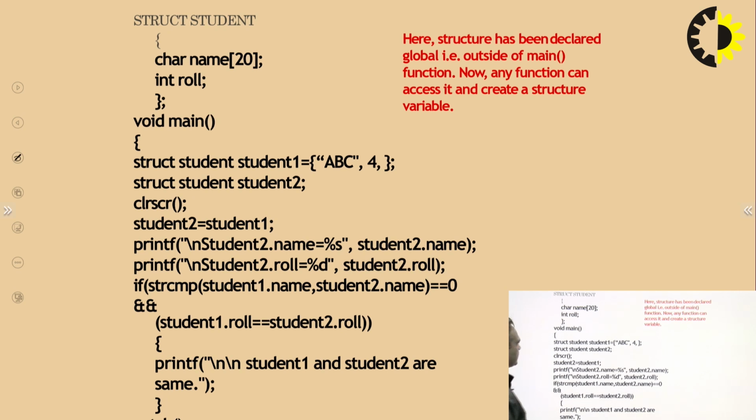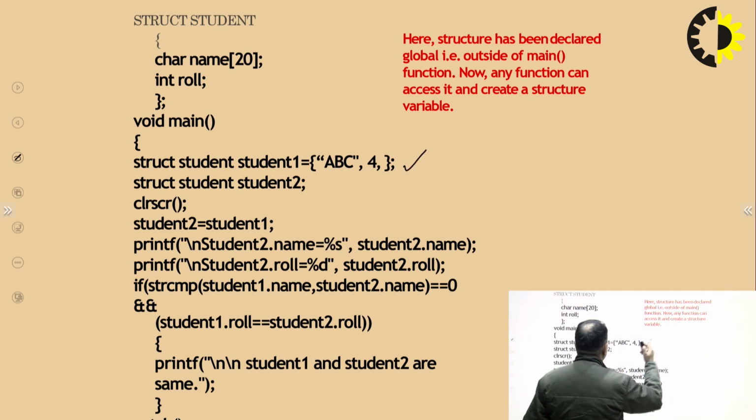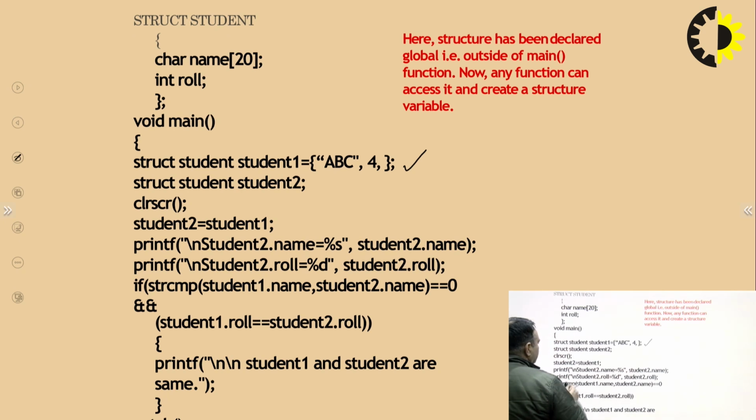Then we can copy the same information to the student 2 structure variable using the assignment operator, meaning student 1 ABC is transferred to student 2 ABC, and student 1 roll number 4 is transferred to student 2 dot roll number.